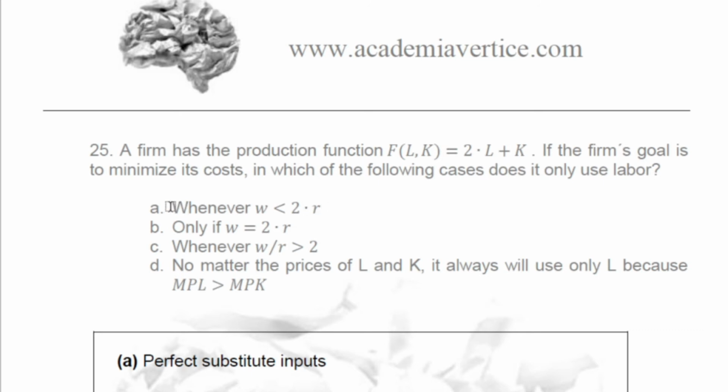This is correct. The first one is correct, yeah? Well, as I told you, we can pay more for L because each unit of L gives me double the production. But we can't pay more than twice the price of R.